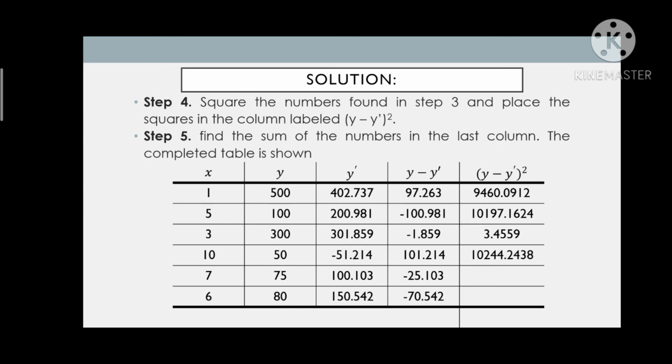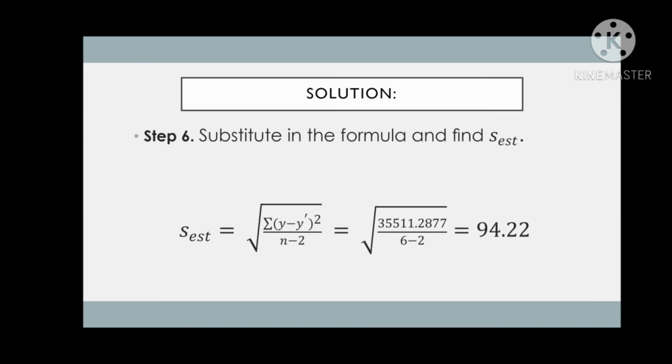Negative 25.103 squared equals 630.1606. Negative 70.542 squared equals 4,976.1738, with the sum of 35,511.2877.